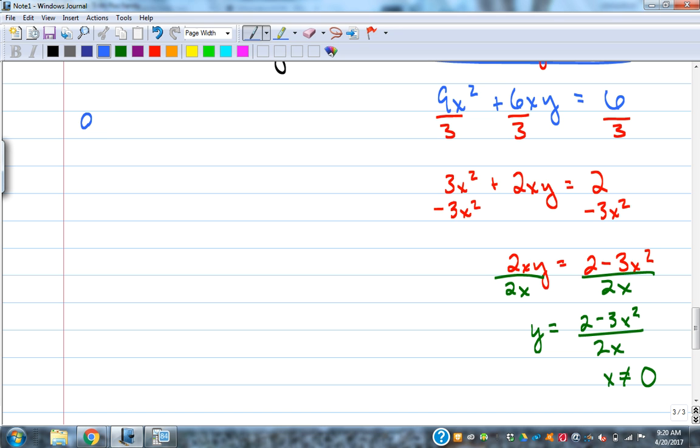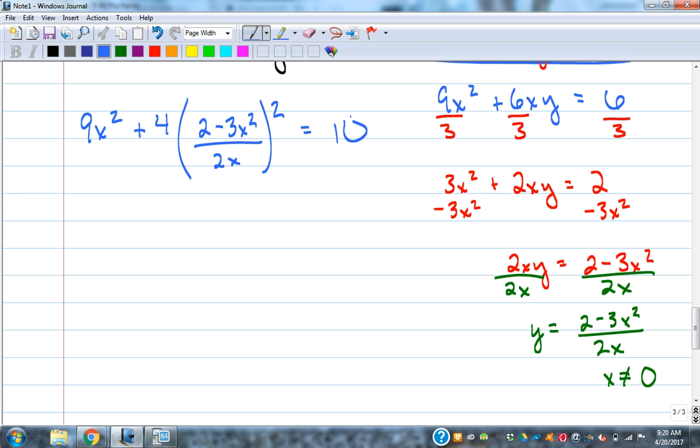So I'd have 9x squared plus 4 times 2 minus 3x squared over 2x, squared, equals 10. I plugged in the y that I found for y in the second equation. That means I have to square that.